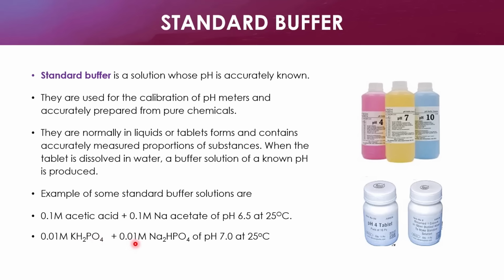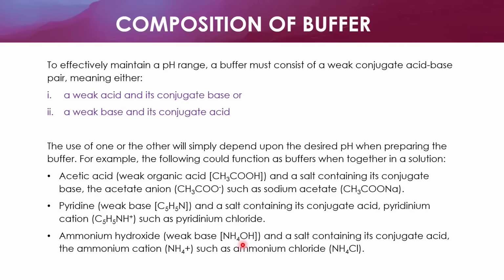Composition of buffer. To effectively maintain a pH range, a buffer must consist of a weak conjugate acid-base pair, meaning either a weak acid and its conjugate base or a weak base and its conjugate acid.